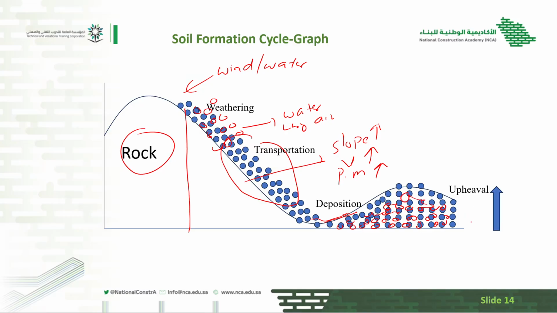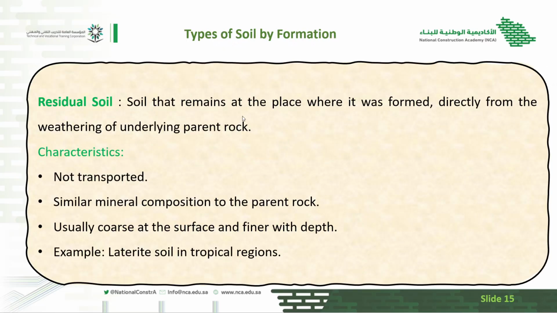After some time, you can say there is again upheaval, and it is again exposed to weathering. So it is transportation, deposition, and then upheaval, and weathering again. This is called the soil formation cycle.